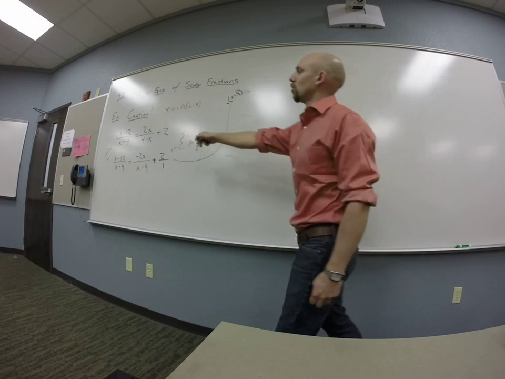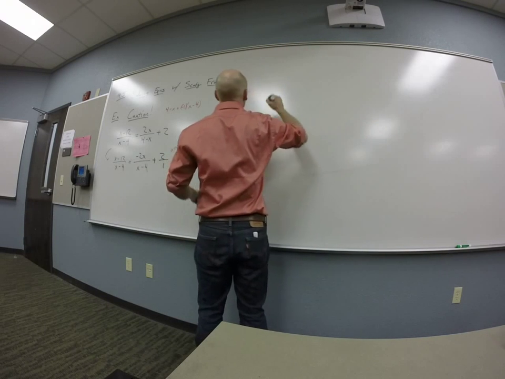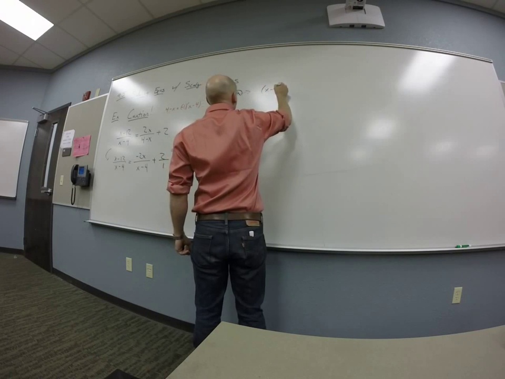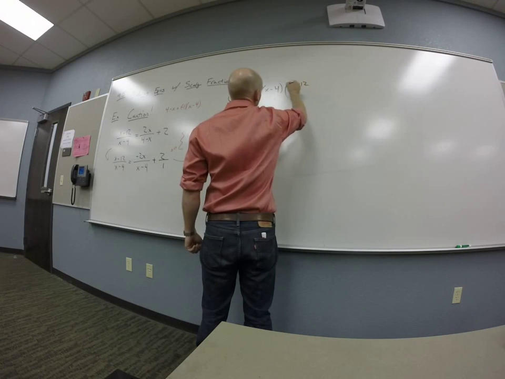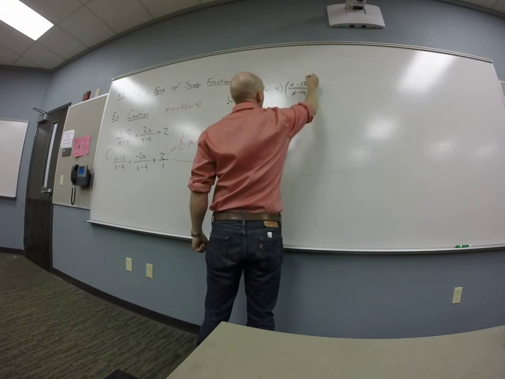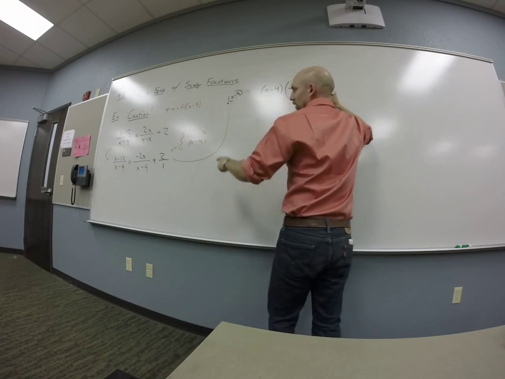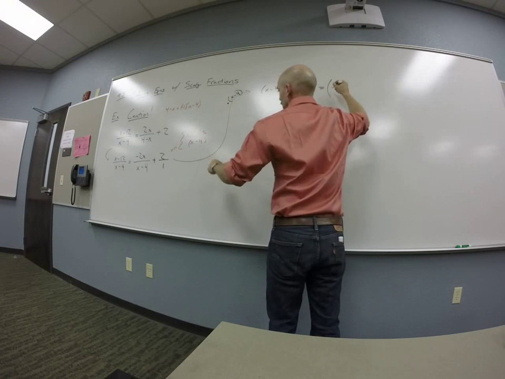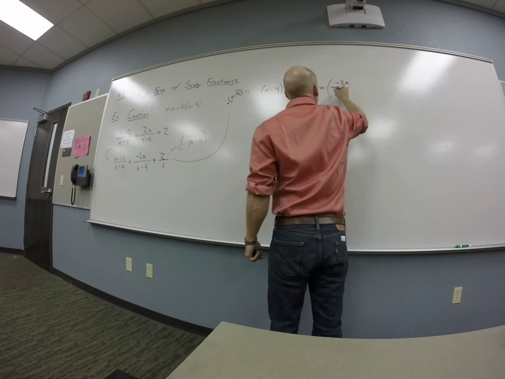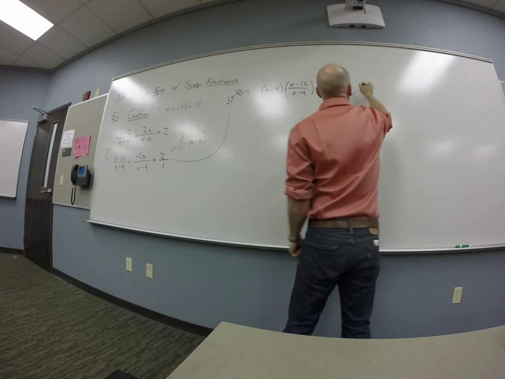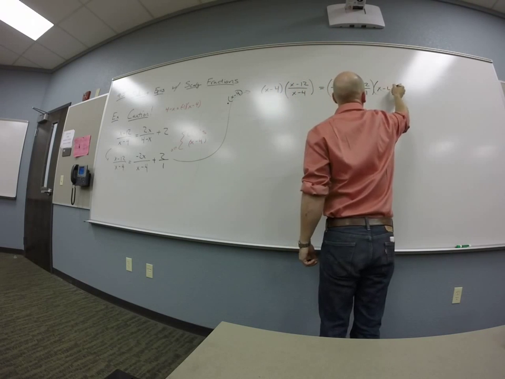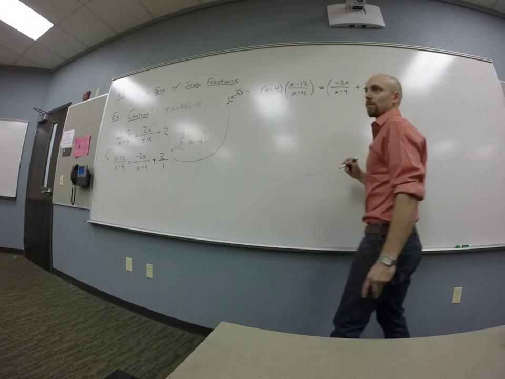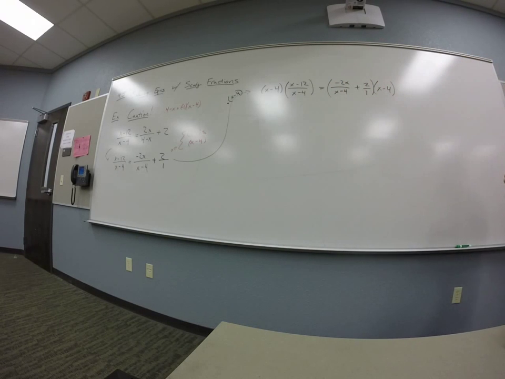So if I multiply this whole thing by the common bottom, I've got x minus 4 times x minus 12 over x minus 4 equals this stuff, minus 2x over x minus 4 plus 2 over 1 times x minus 4. You guys with me on this? Okay, now what?